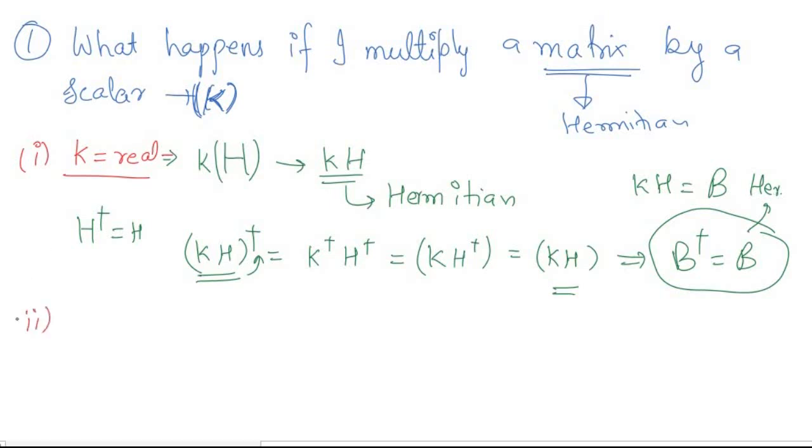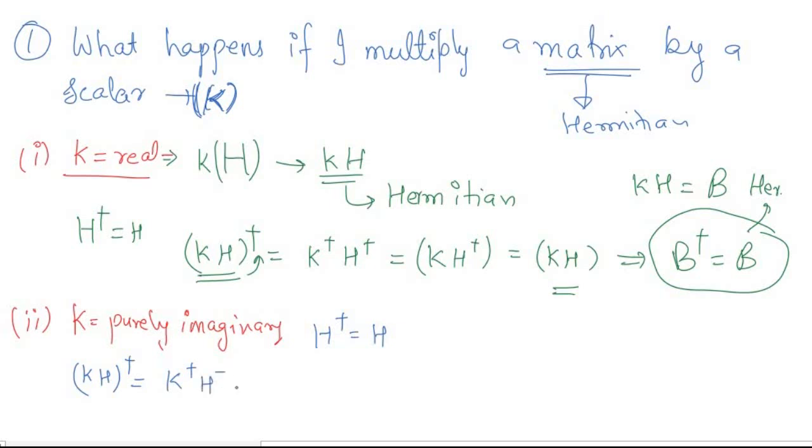Now let us see the second case. What happens if k is a purely imaginary number? If k is purely imaginary and H is Hermitian, so H dagger is equal to H. Then (kH) dagger is equal to k dagger H dagger.